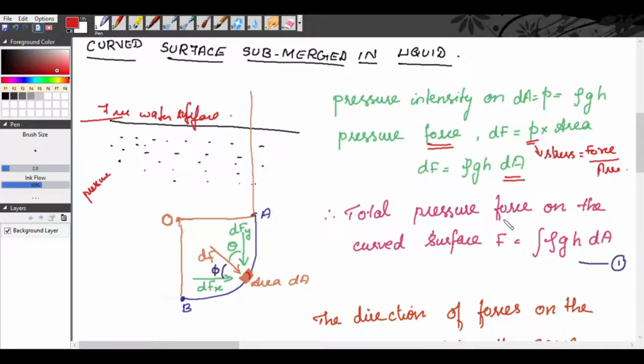Now the total pressure force on the curved surface. This dF is the pressure force on this smaller area.